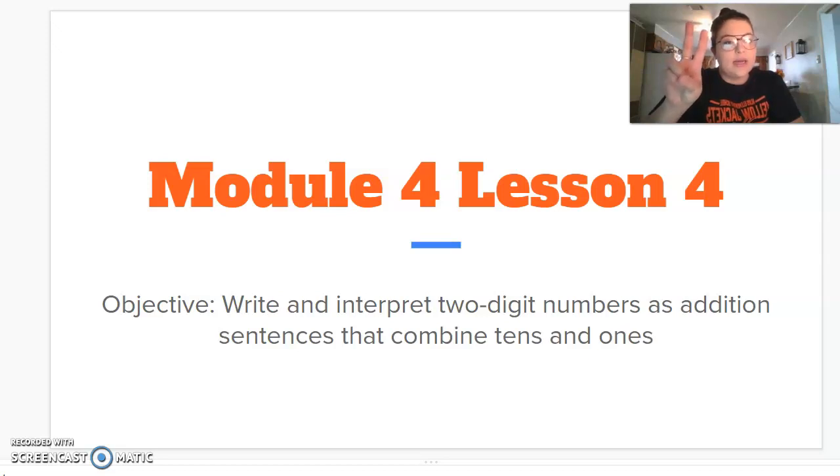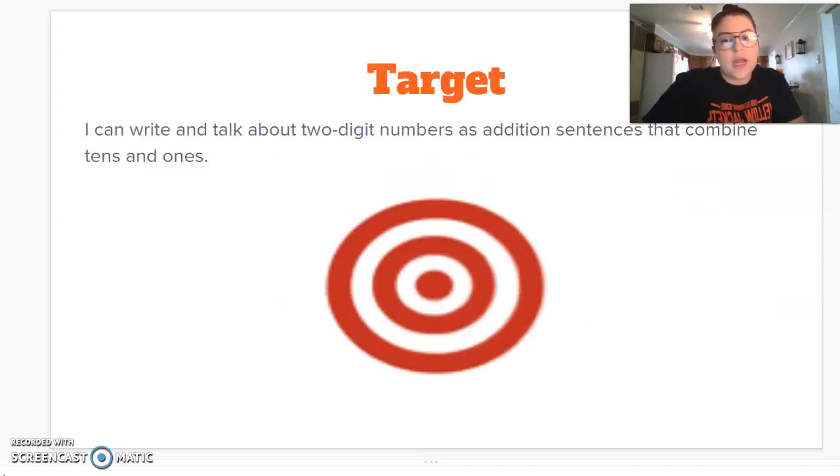So 81 has 8 tens and 1 one. So 8 tens plus 1 one is 81. That's what we're going to be working with today. Our target for today: I can write and talk about two-digit numbers as addition sentences that combine tens and ones.